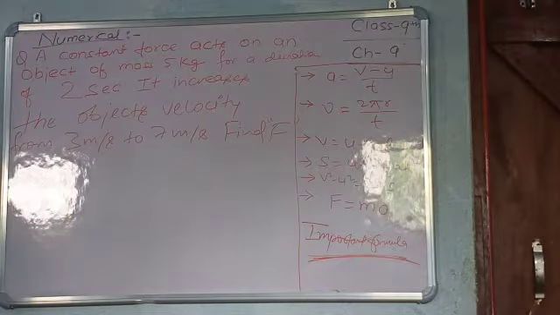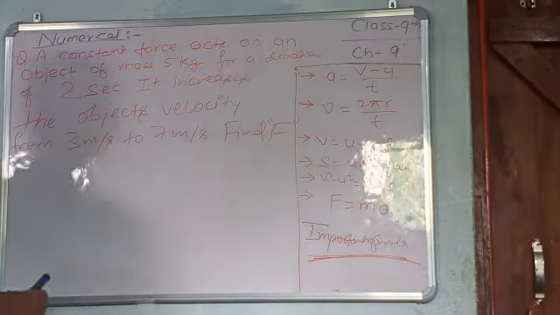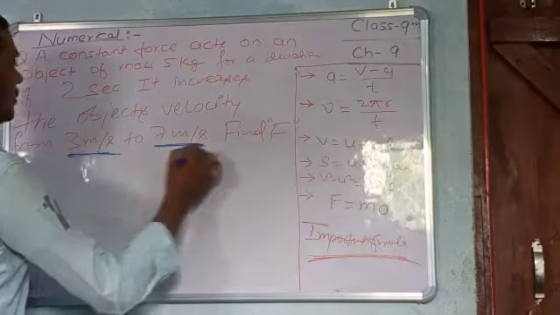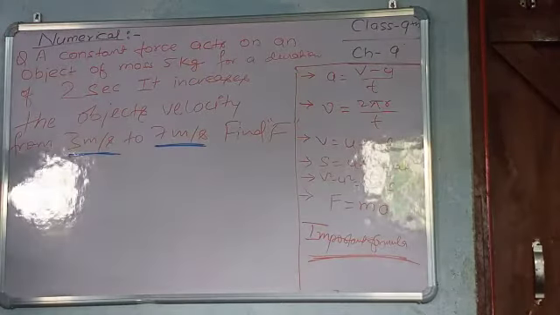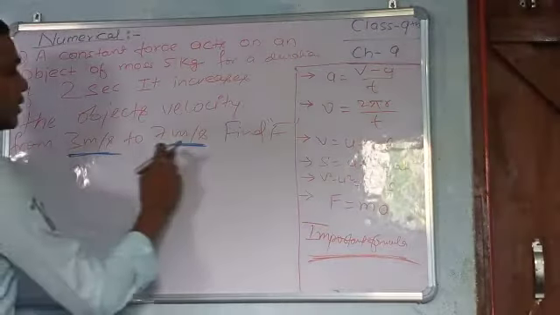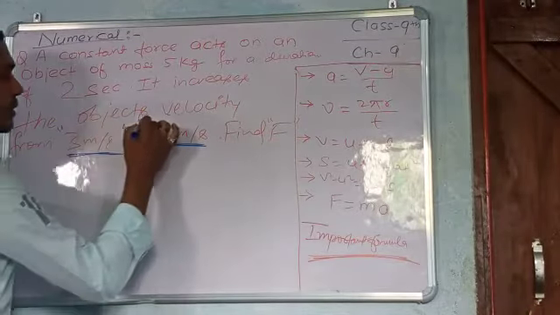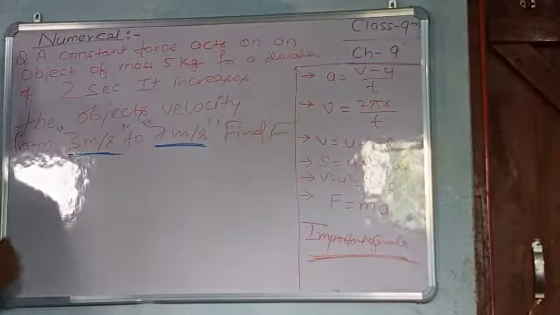First of all, we need to find out force. Tell me one thing: in this question, the given part is two velocities. The velocity increases from 3 meter per second to 7 meter per second. It means that this is initial velocity and this is final velocity.